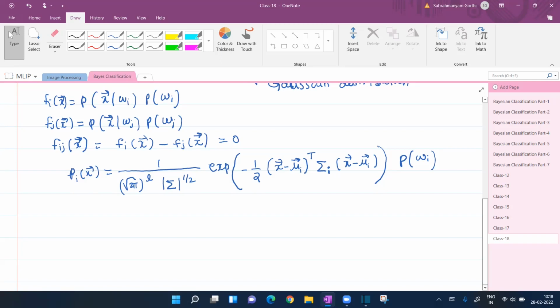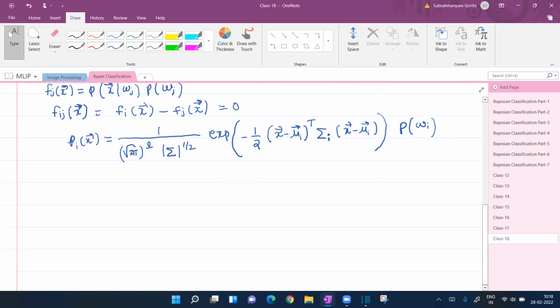Suppose I apply a transformation on it which is monotonically increasing. Let's say I am applying something like gi of x bar, some function I am applying on fi of x bar, which is monotonically increasing.